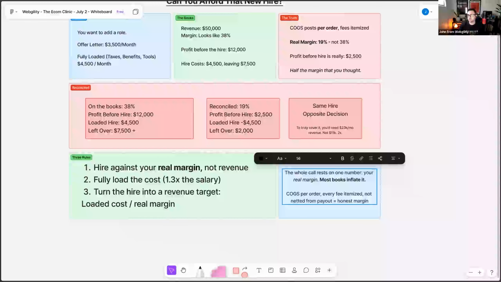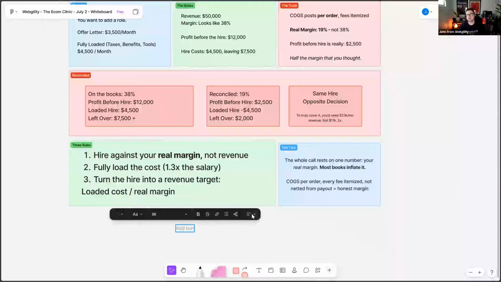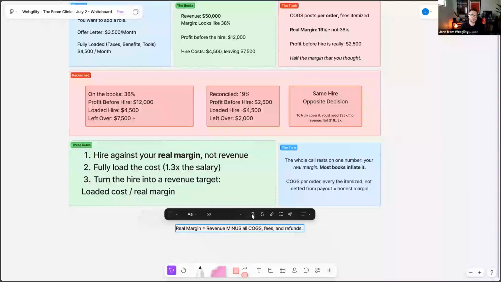If we wanted to build out the equation a little bit more, your real margin equals revenue minus all COGS, fees, and refunds. Right?